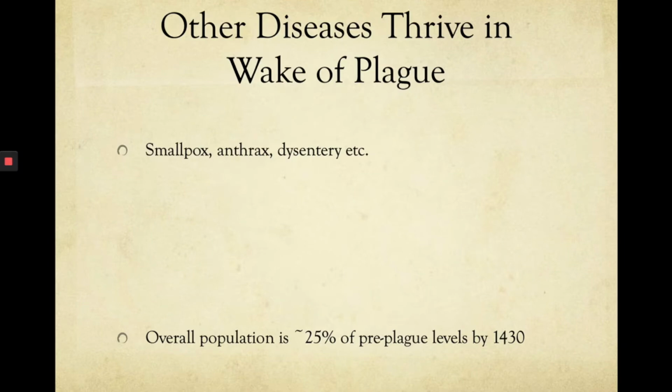In fact, at one point in the 1300s, infant mortality was nearly 50% because of diseases like diarrhea and dysentery and things like this. So in sum total, by 1430, our best estimates are that the European population was something like 25 to 50% of pre-plague levels. That's a pretty dramatic drop.